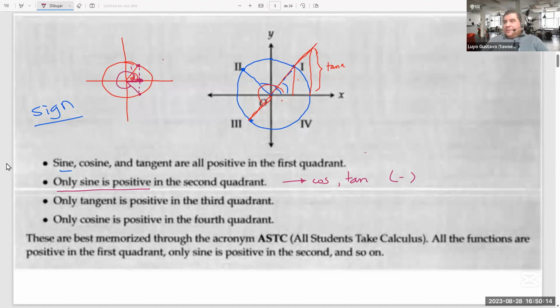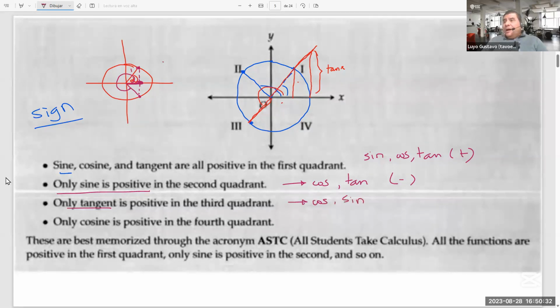So sine, cosine, and tangent are all positive. If the angle ends in the third quadrant, then the tangent is positive, but the cosine and the sine are both negative. And in the fourth quadrant, the cosine is positive, but the sine and the tangent are negative.